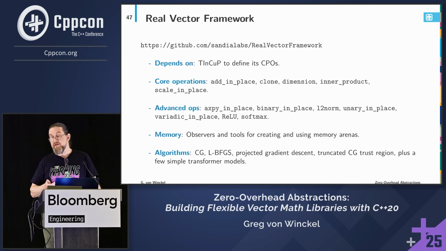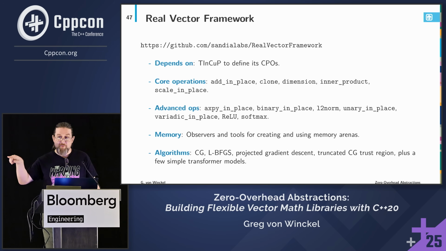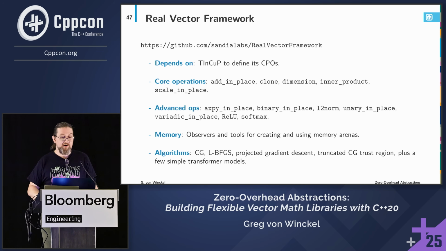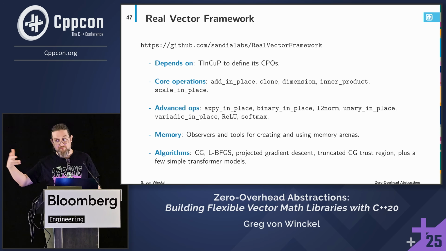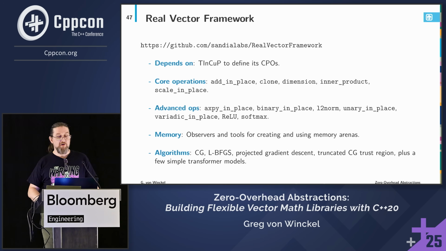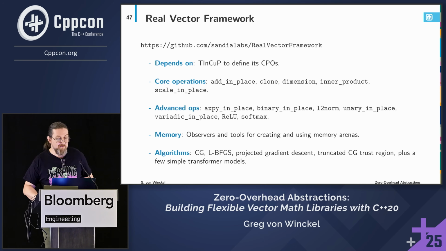So this would be apply an arbitrary function element-wise to a vector, and variadic. So if you have multiple vectors that you want to use as inputs in element-wise fashion, and then a couple of things that are relevant for AI stuff. So there's a ReLU and softmax.